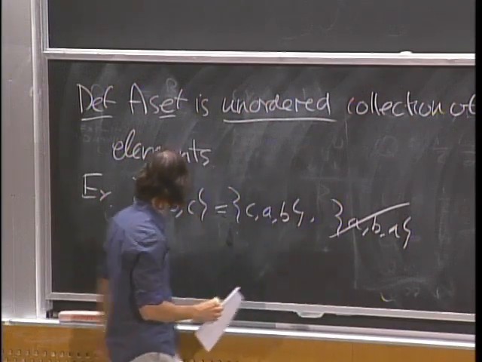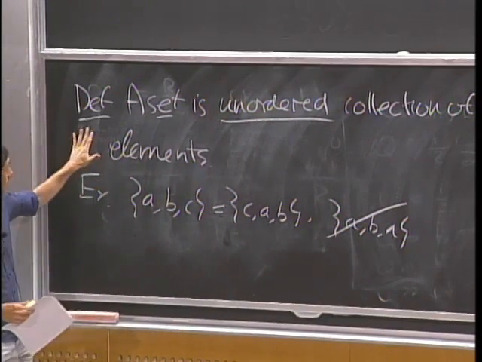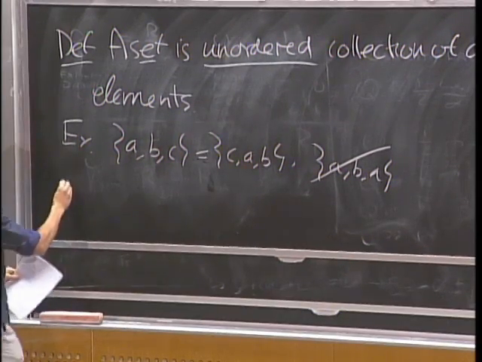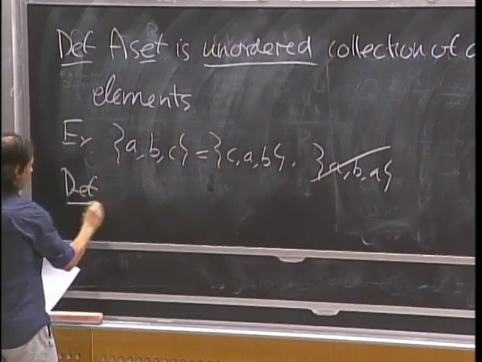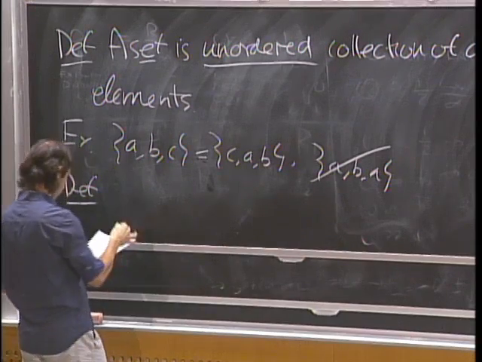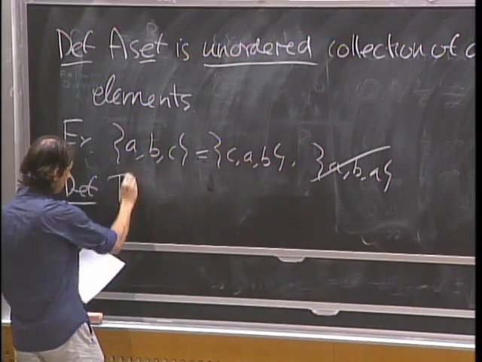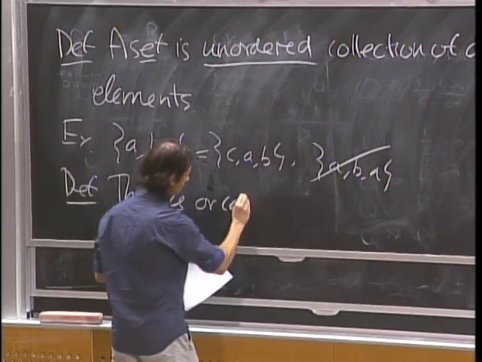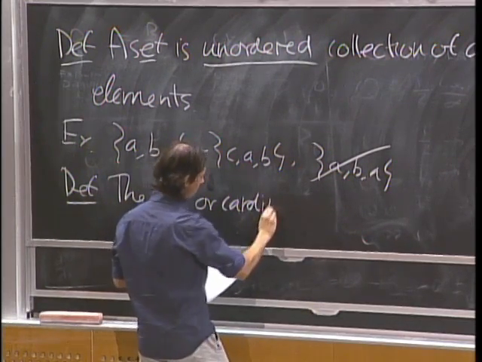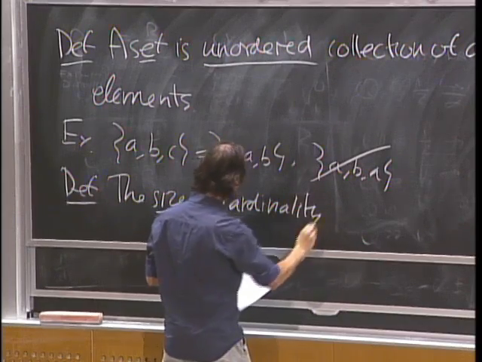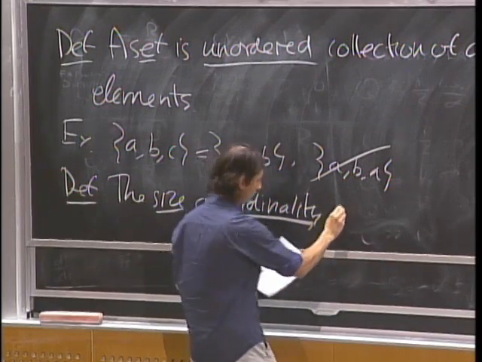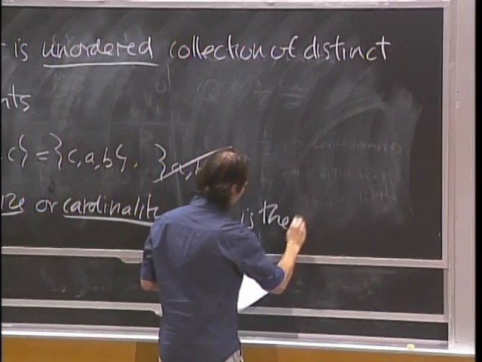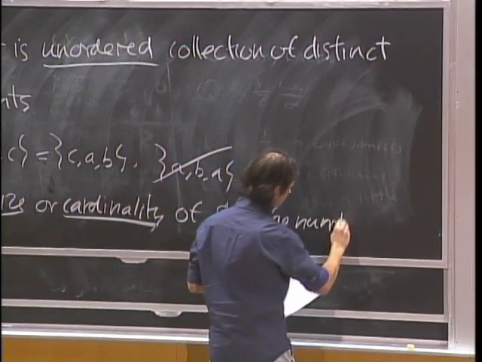So we will be talking about sets, and we are interested usually in the cardinality of a set. So what's that? The cardinality or size is defined as follows. It's just a number of elements that the set S really has.